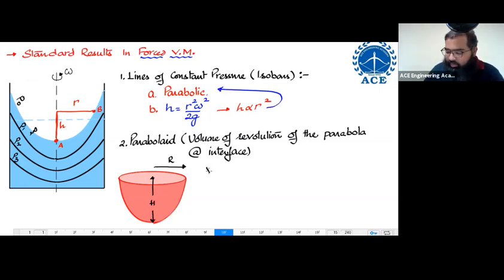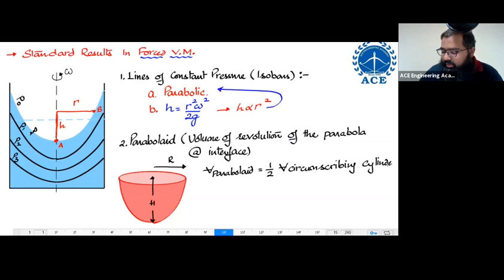Now, the volume of a paraboloid is equal to half the volume of the circumscribing cylinder. What is the meaning of circumscribing?